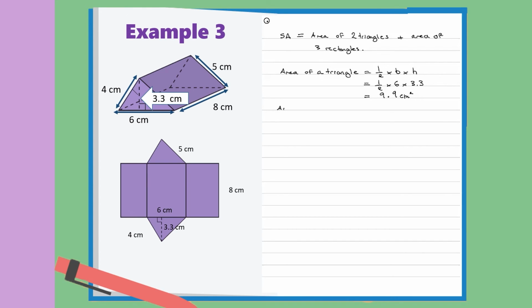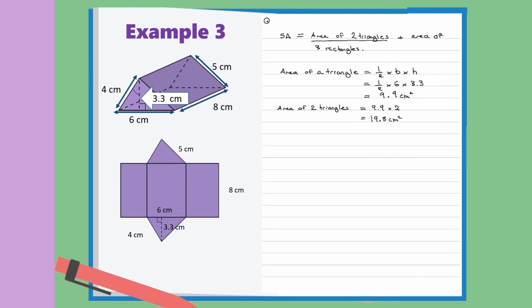So the area of two triangles is going to be equal to 9.9 times 2, which is equal to 19.8 centimeters squared. So we've got the first component of our formula. Now we just need to find the next components, which are going to be the area of all these three rectangles.